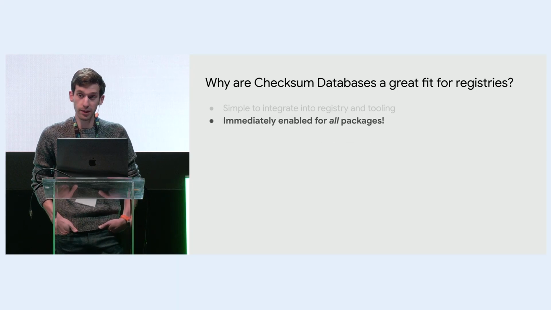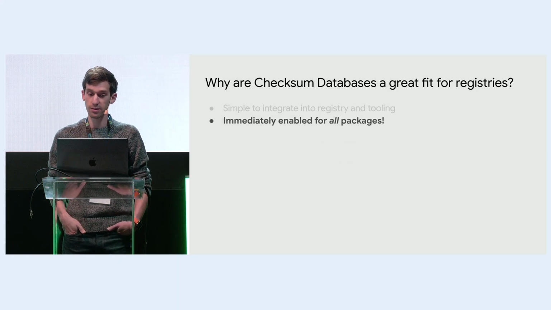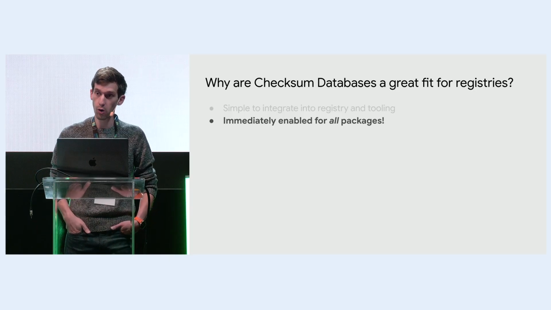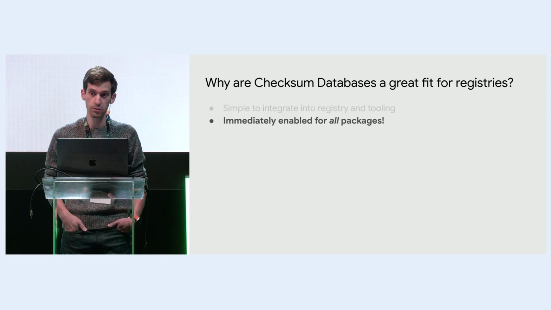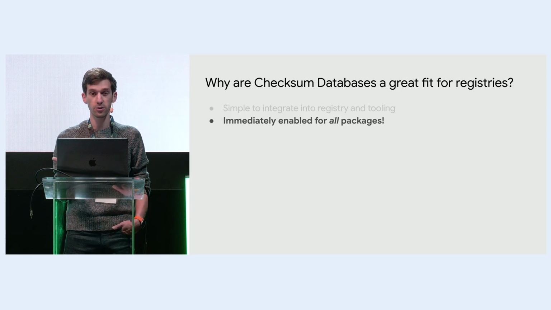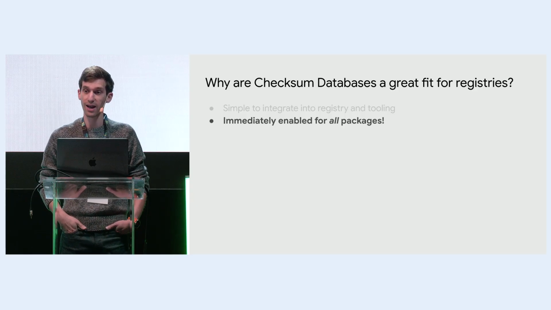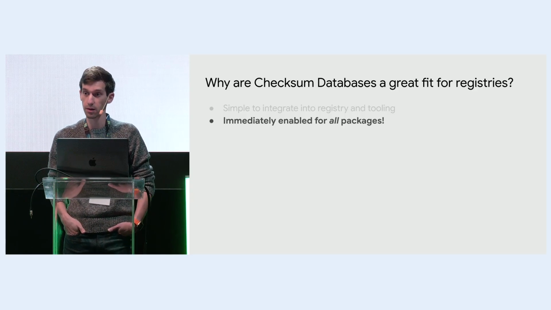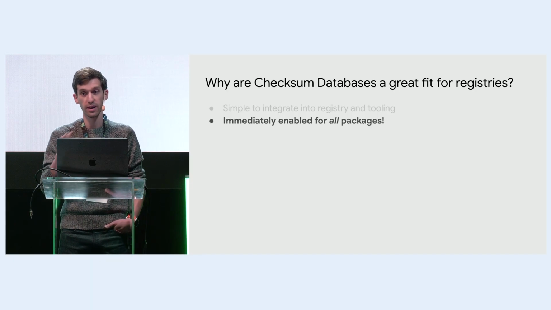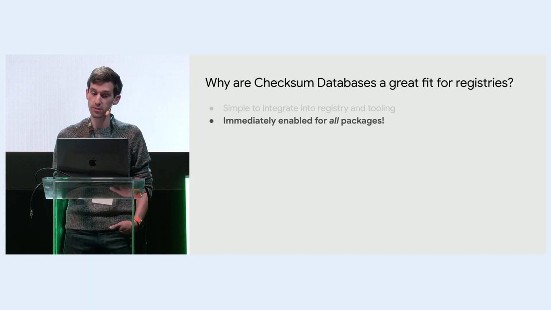The other thing that I really, really love about checksum databases is that we can enable them for all packages the minute that a checksum database is rolled out. Again, this is in contrast to something like provenance that requires artifact owners to actively participate, to sign and upload their packages. So we'll always have a long tail of packages that don't have signatures.